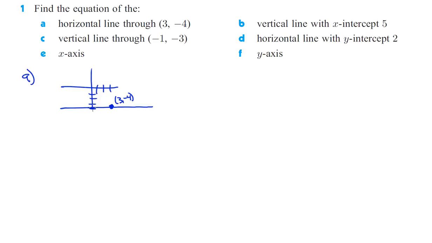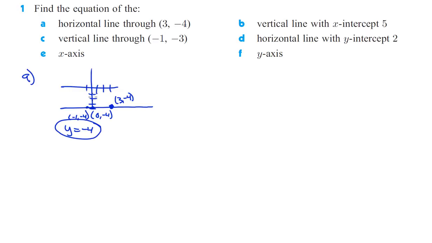Some other easy points: this one right here is (0, -4), and this point right here is (-1, -4). You should start seeing a pattern. All of the y's equal -4, and that's the equation of the horizontal line through the point (3, -4).